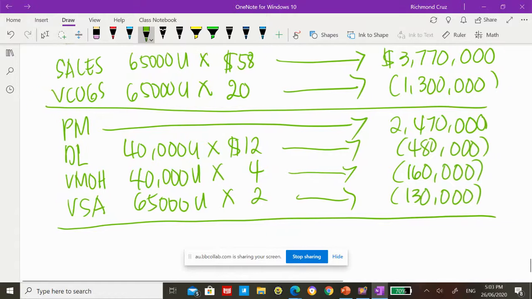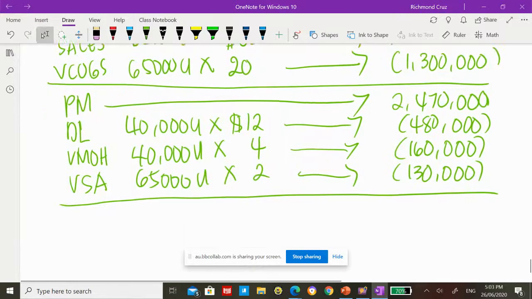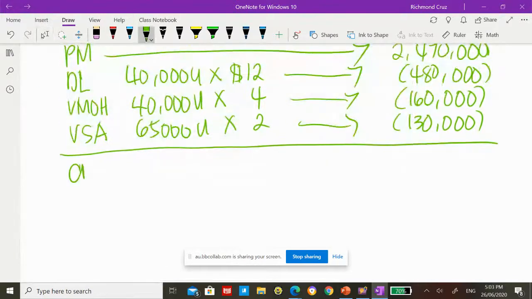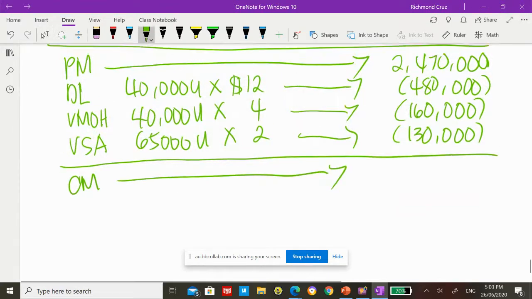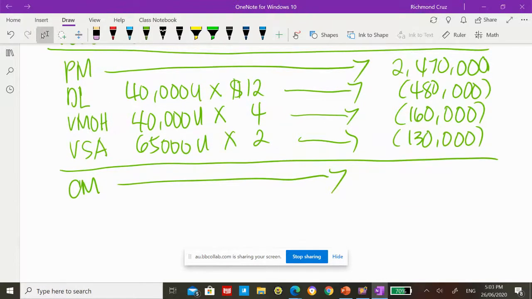So we will arrive at the contribution margin: 2,470,000 minus 480,000 minus 160,000 minus 130,000. That is 1,700,000.